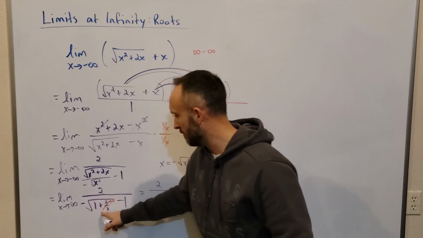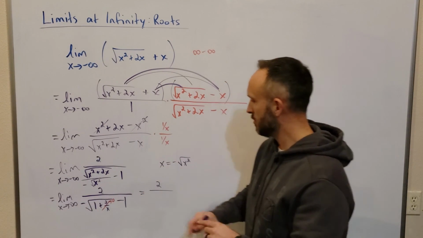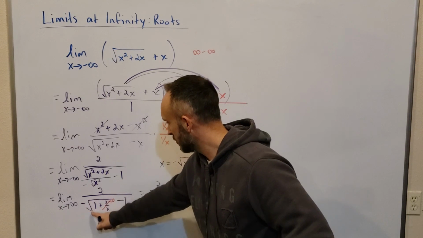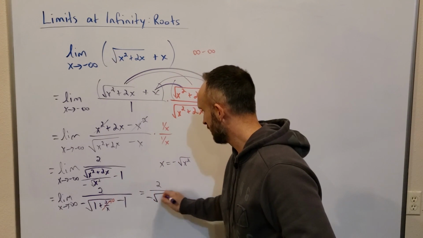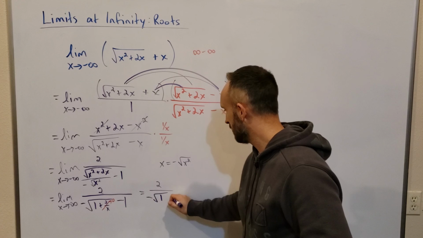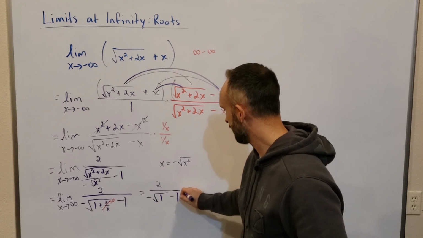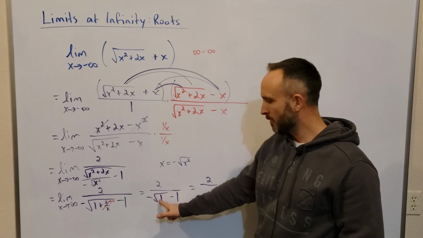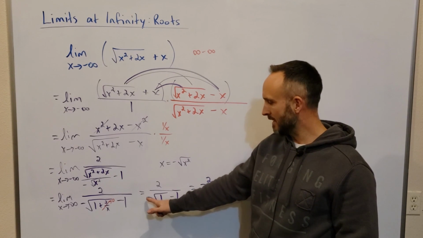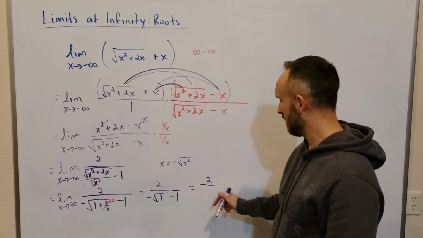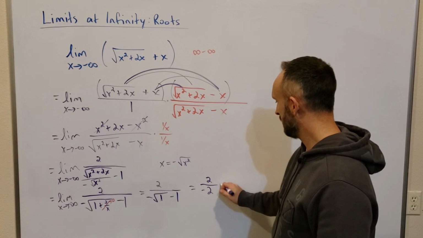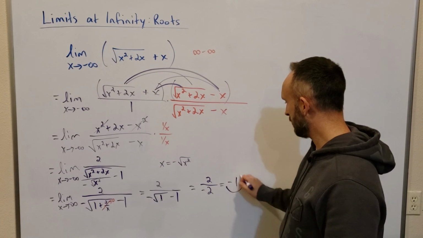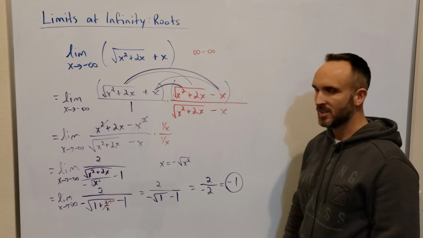We've already applied the limit, so I don't write the limit anymore. 2 over negative square root of 1 plus 0, which is 1, minus 1. Well, the square root of 1 is 1, so then I've got negative 1 minus 1, which is negative 2. 2 divided by negative 2 equals negative 1.